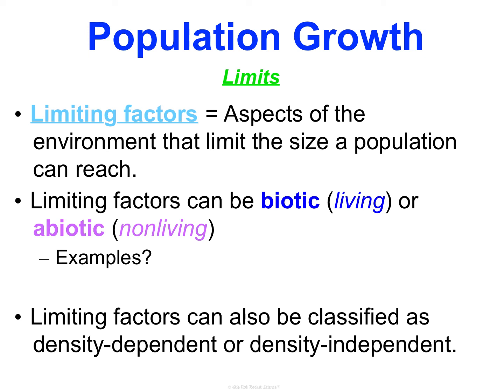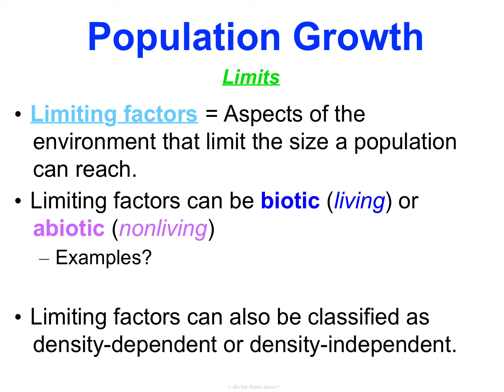What about a non-living example? These limiting factors can also be classified as density dependent or density independent. So what that means is that if it's density dependent, the size of the actual population is dependent upon that limiting factor. If it's density independent, if it's a factor that's completely independent of the population size, those things we just say are more like chance.